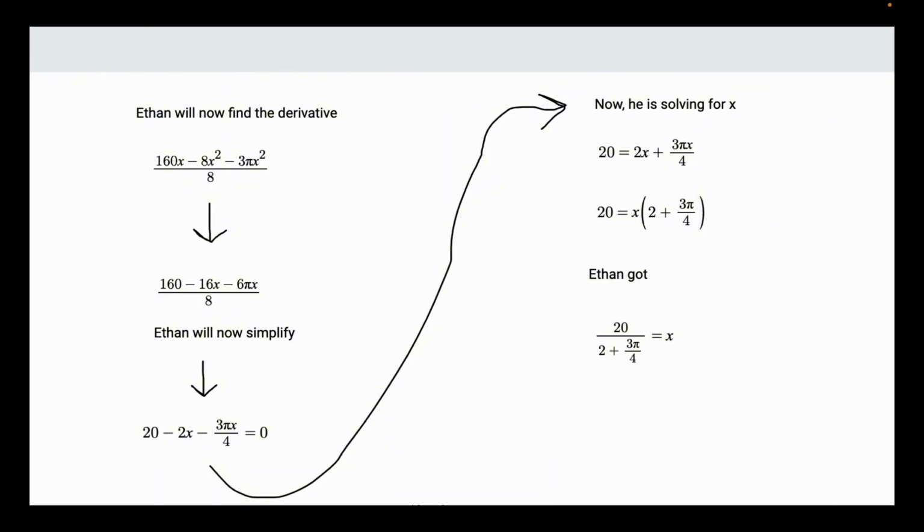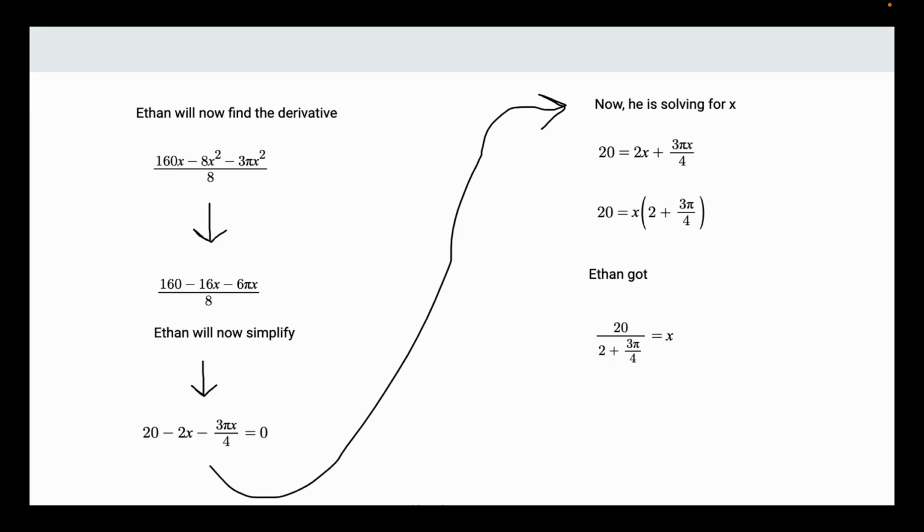So with that equation he found previously, he now found the derivative, which resulted in 160 minus 16x minus 6 pi x all over 8. He then began simplifying that equation, which resulted in 20 minus 2x minus 3 pi x over 4 equals 0.